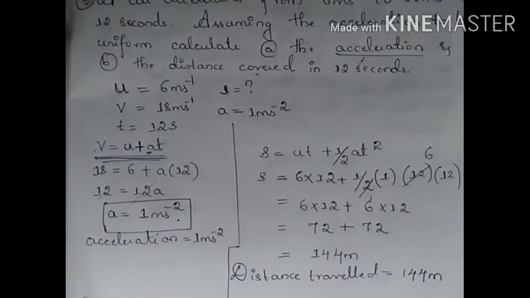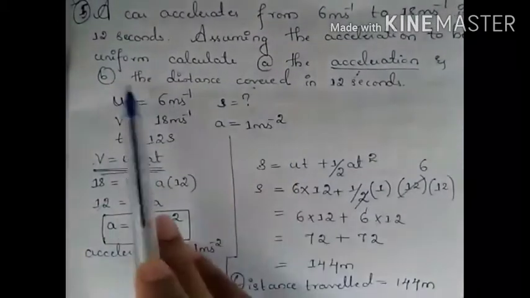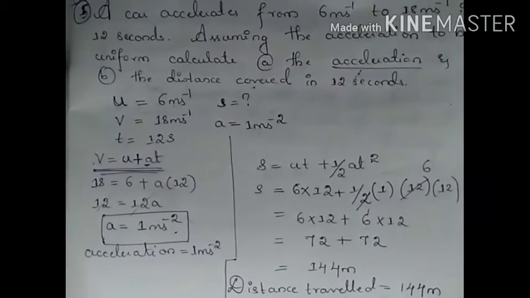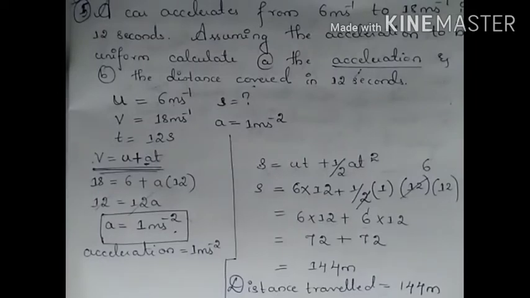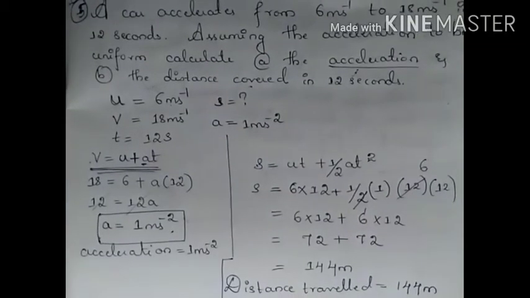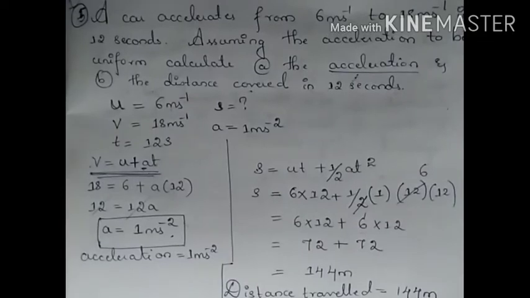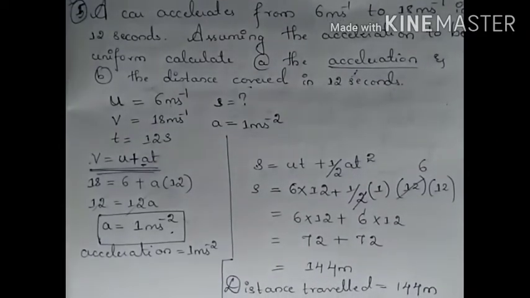So for both part A and B, we are using the kinematic equations to calculate acceleration and distance. So if you are thorough with the kinematic equations, then you can easily solve the problems in the motion in a straight line chapter. So be thorough with kinematic equations.